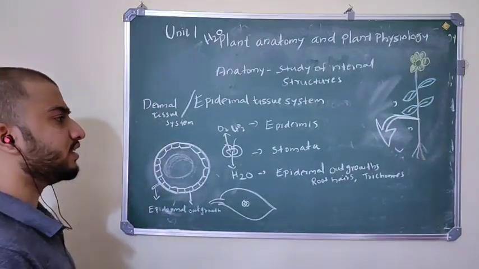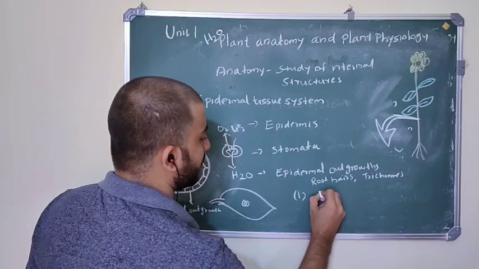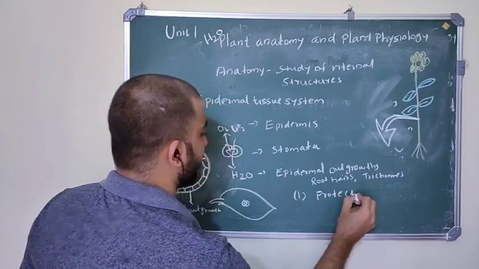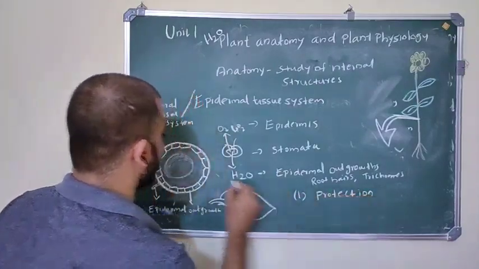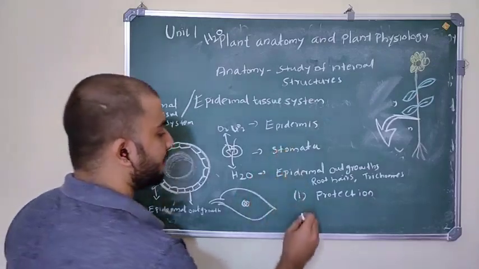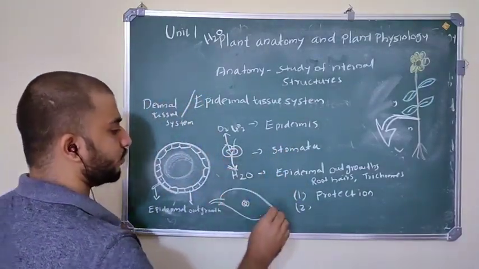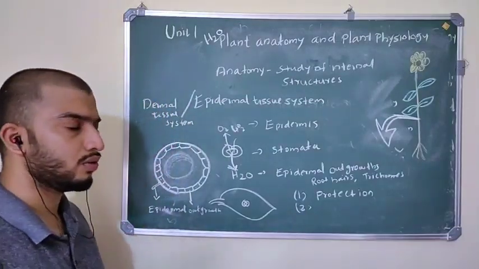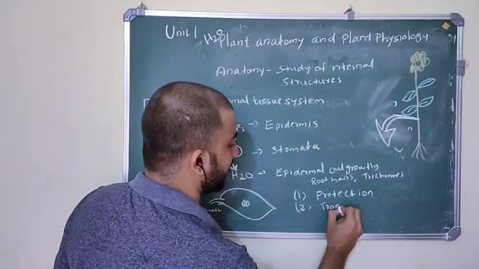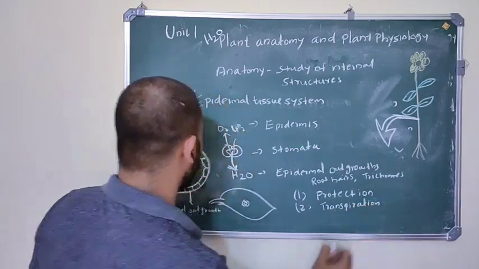Then let's check the function of epidermis. First of all, protection. They protect the inner tissues. And we discussed stomata. Stomata help in transpiration. You know what transpiration is: water going outside through stomata. Then what is the function of root hair?